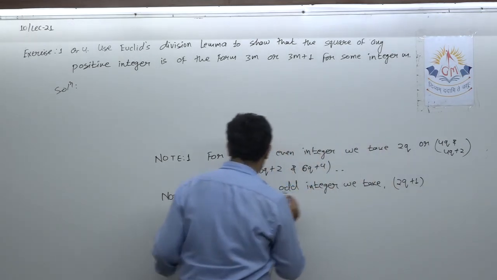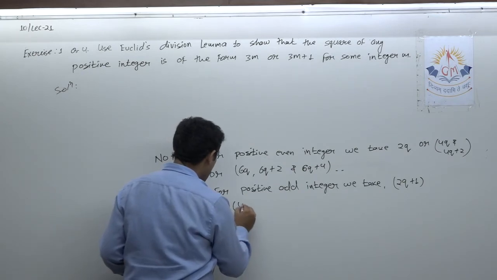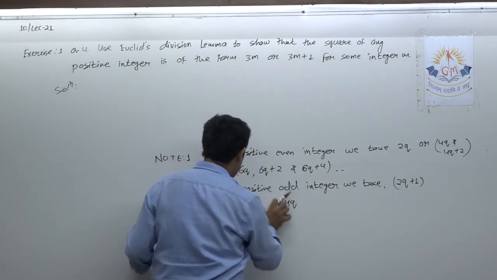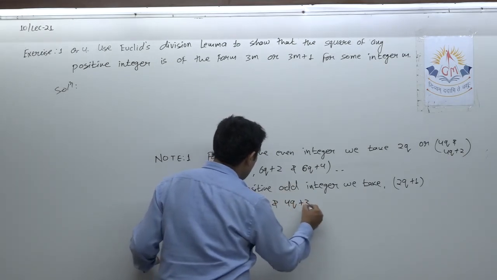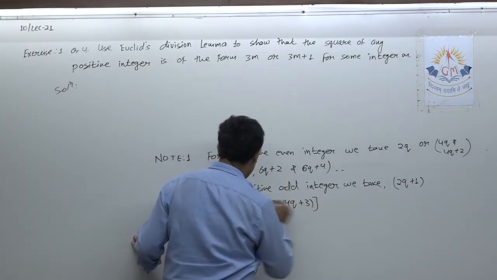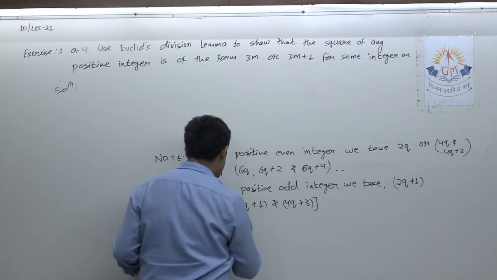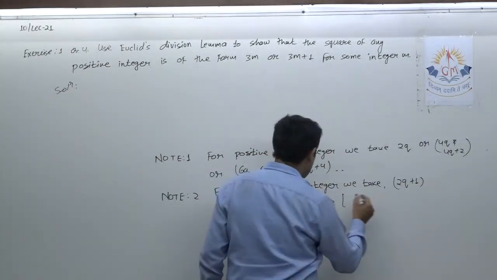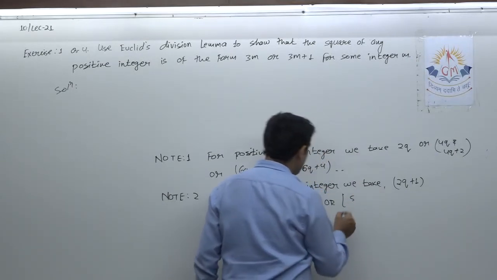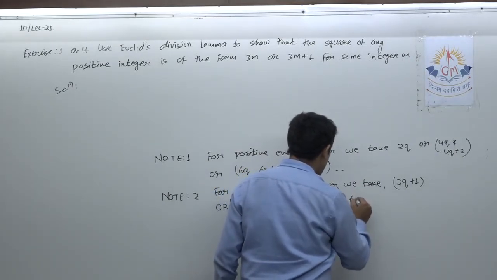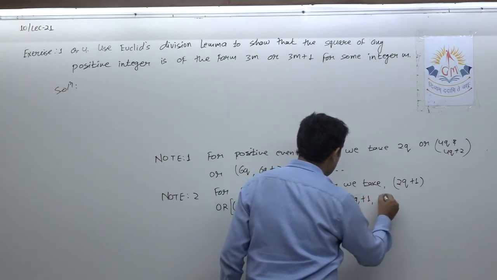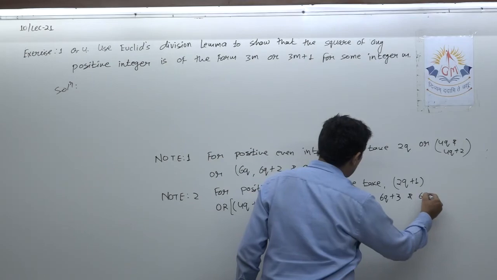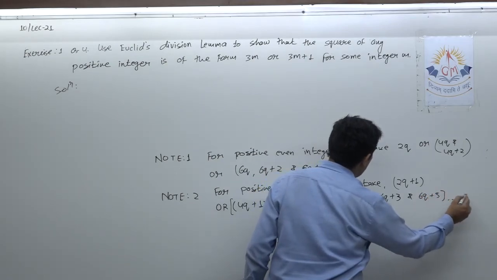If I have to go in the series of 4, then 4q plus 3 and 4q plus 1. Okay. Or if you want to take in the series of 6q, then 6q plus 1, 6q plus 3 and 6q plus 5 and so on.